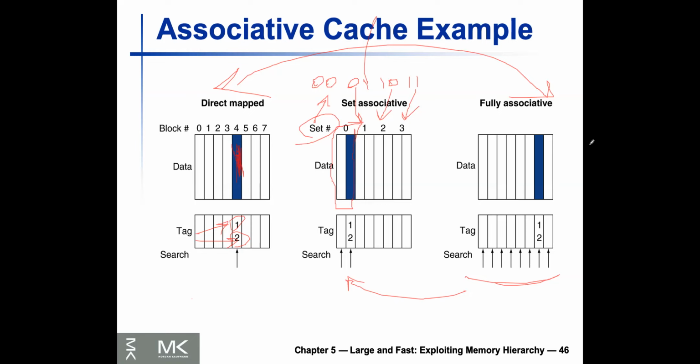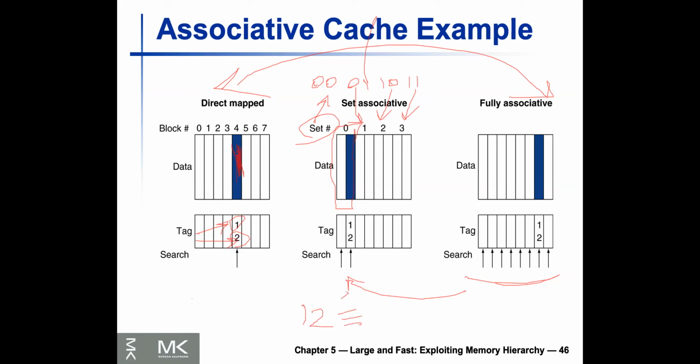Okay, so your friend is asking how we understand which set we are looking for. The block number was 12, right? Remember we had to get a mod. We have 4 sets because it's 4-way set associative.